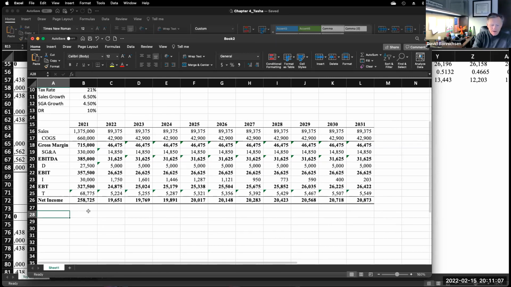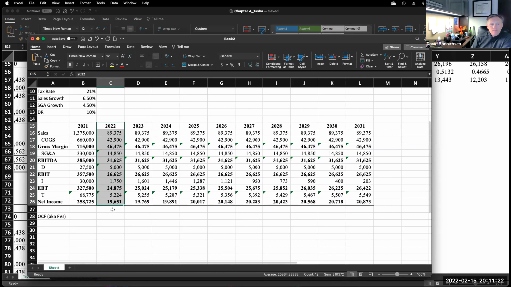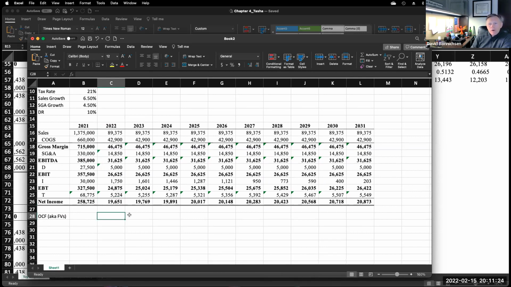So operating cash flow, AKA FVs, right? If our project is going to get put in 2022, right? And we're going to start delivering value from our project in 2022. We had to spend some money in 2021 to get the project up and running.